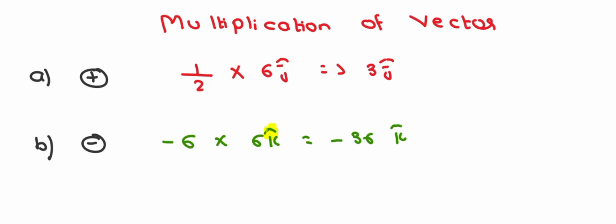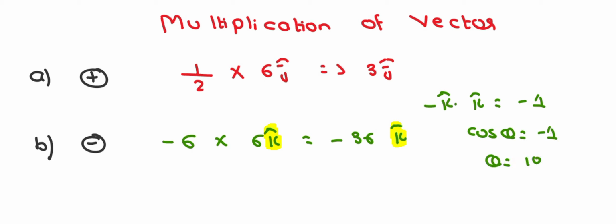So the direction of the original vector is k, and the direction of the vector after multiplying with minus 6 becomes minus k, and the angle between minus k and k is given by cos theta equal to minus 1, so theta is equal to 180 degree.